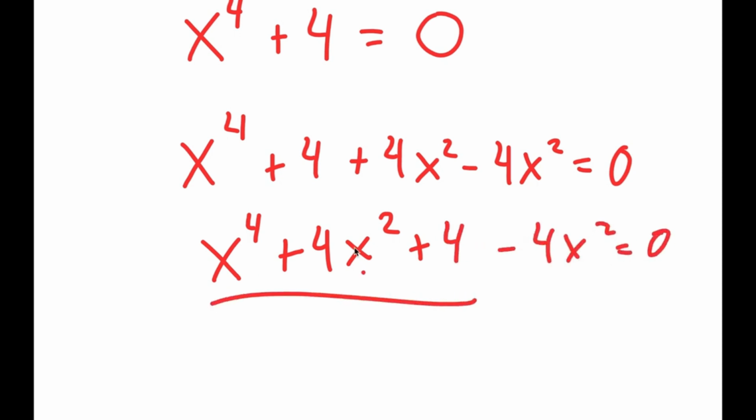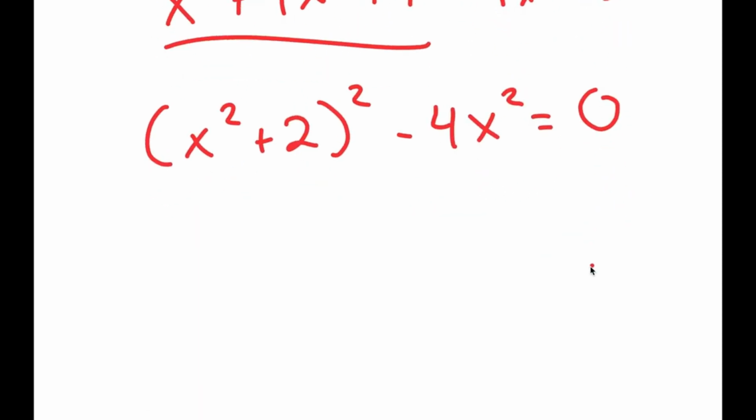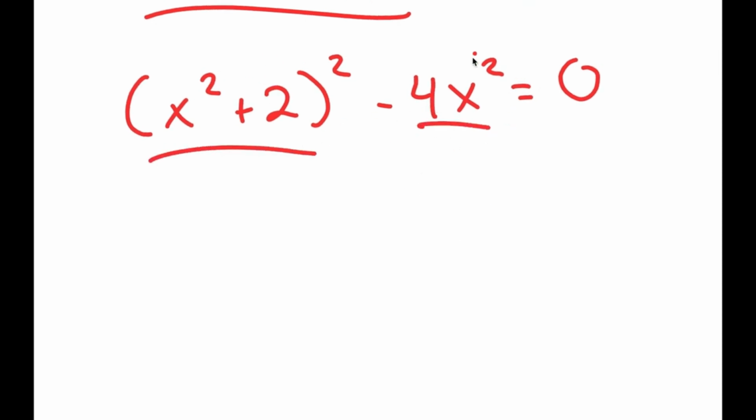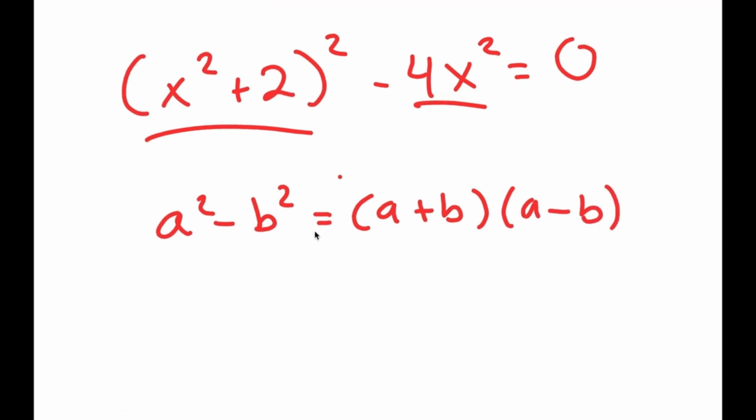And I can rewrite this as x squared plus 2 squared minus 4x squared is equal to 0. So now from here, notice how both of these things are squared. So I can use the property a squared minus b squared is equal to a plus b times a minus b.